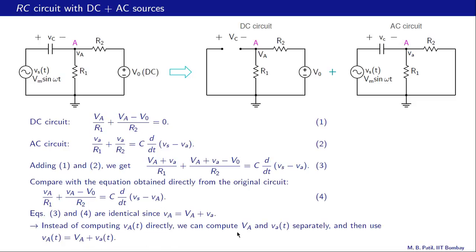We can do this computation separately, and that's a big advantage, and then just simply add them to get the total quantity. So this is a very useful approach, splitting the original circuit into a DC part and an AC part, working on the DC circuit and the AC circuit separately. It turns out to be much simpler than working on the original circuit, and then simply adding the two solutions to get the total instantaneous quantities.